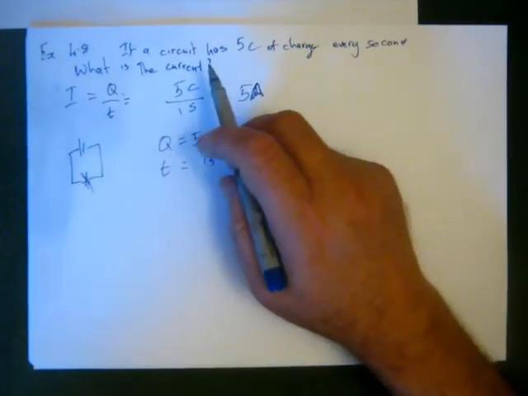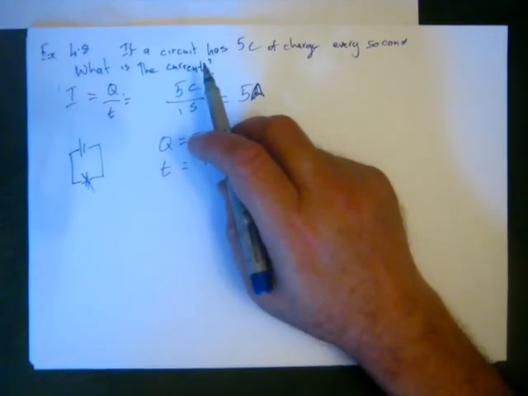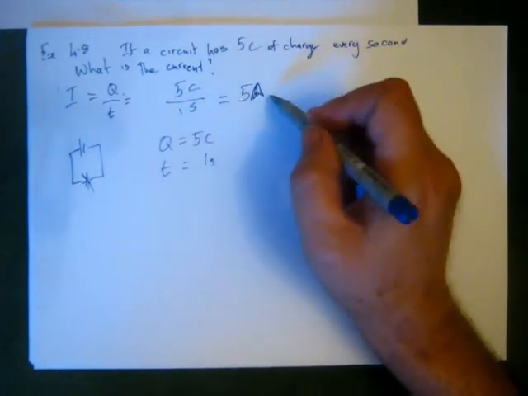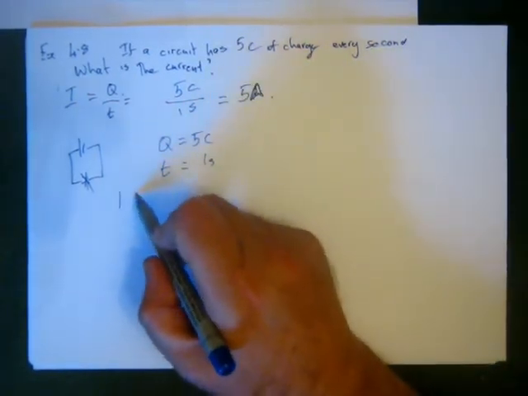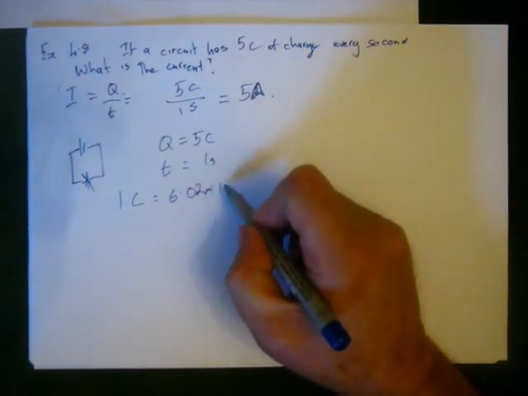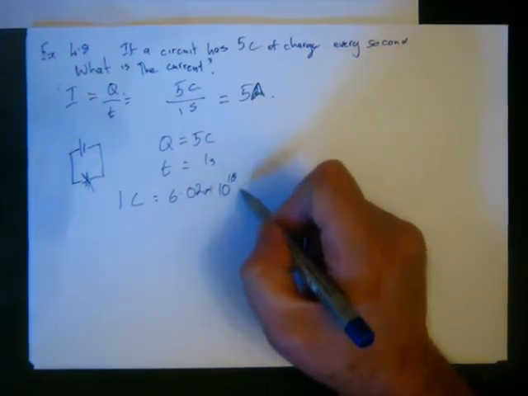And the next question, what is the number of electrons that are passing through that point? So remember, 1 coulomb equals 6.02 times 10 to the 18 electrons.